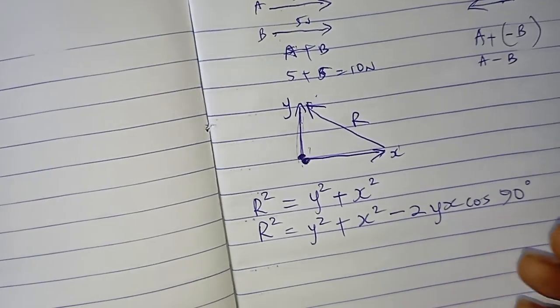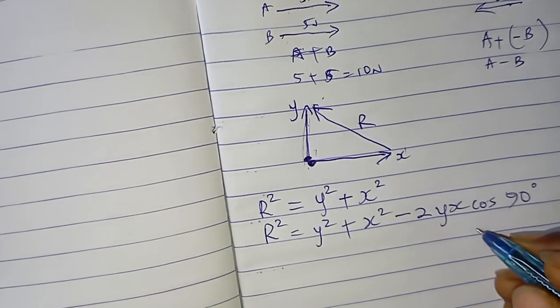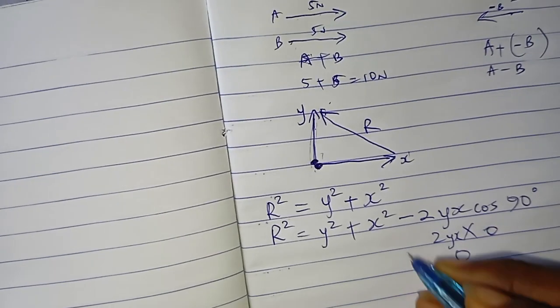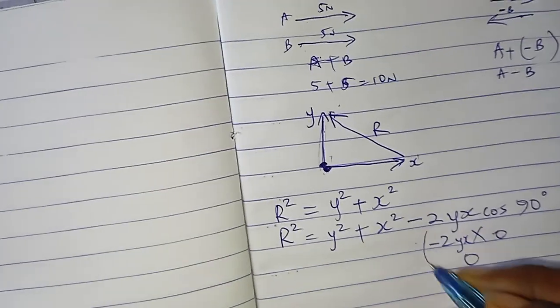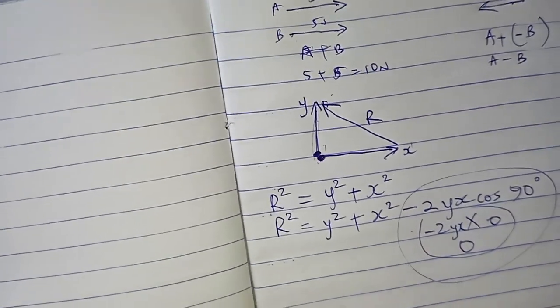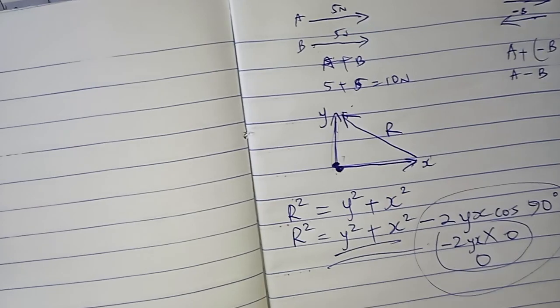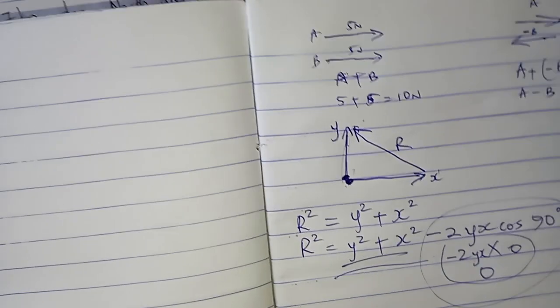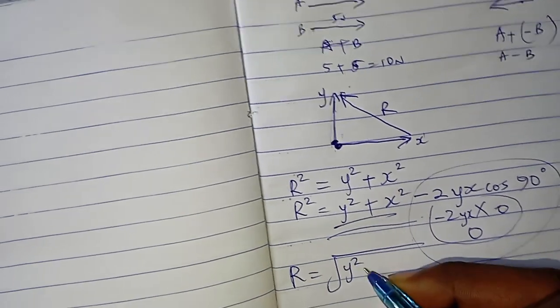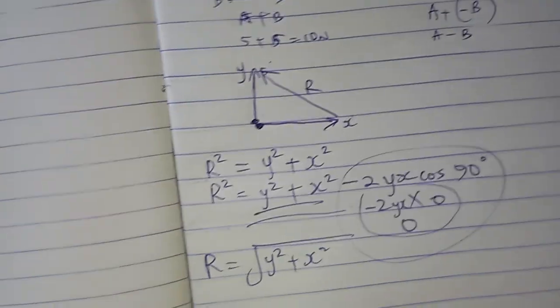And you know that cos 90 is going to be 0. So 0 times 2yx is going to be 0. So you see that everything here is dead. It will cancel, it will go out. So you're just left with this. So that is how we get Pythagoras. And now to get R, you simply do the square root of y square plus x square. So that is the first method of adding vectors.